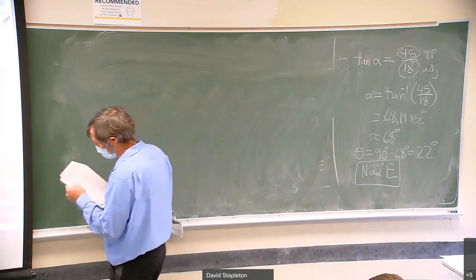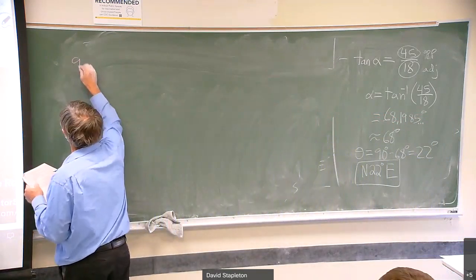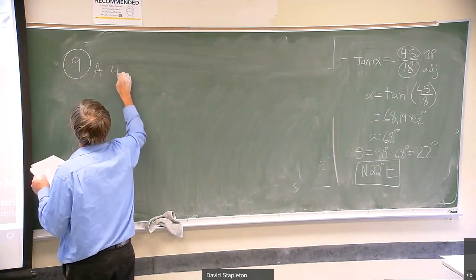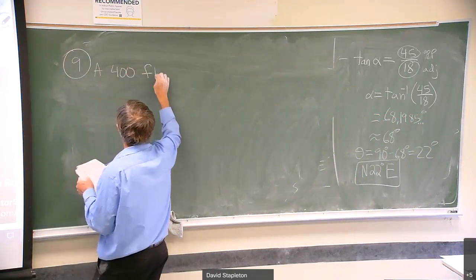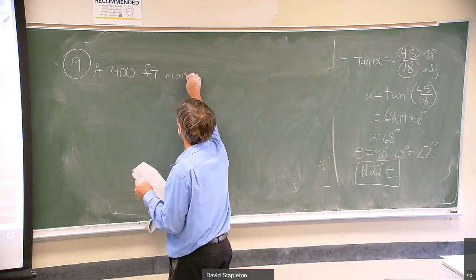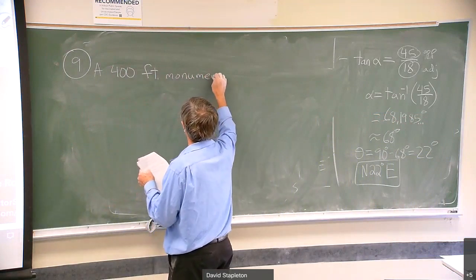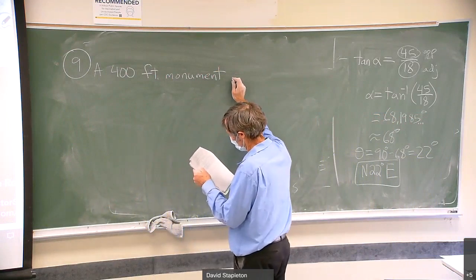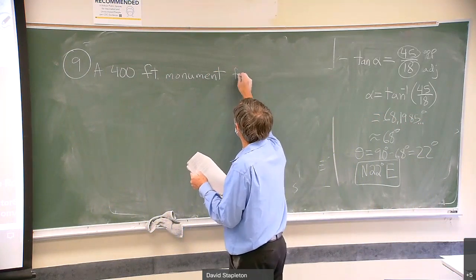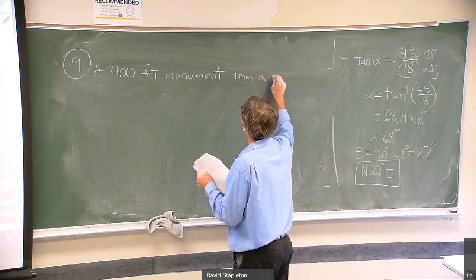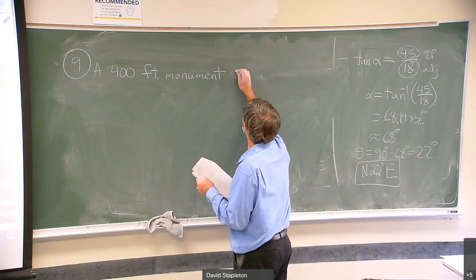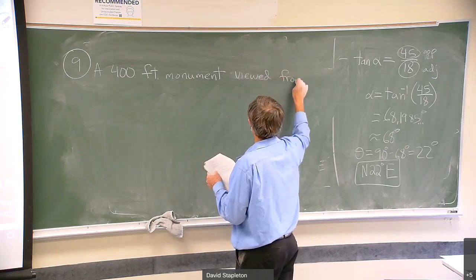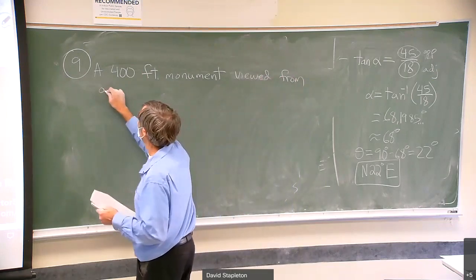Here's another fun problem. This is number 9. When you try your homework, a 400-foot monument is viewed by someone from a window in a building. Here's a condensed version of this problem.